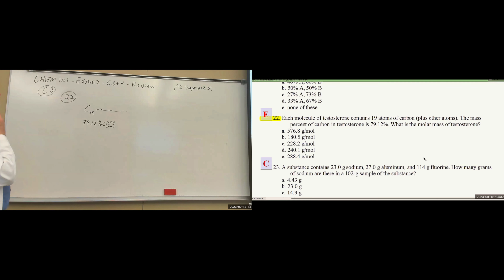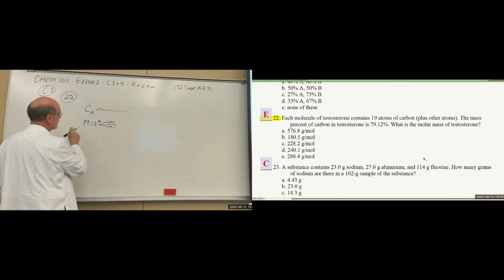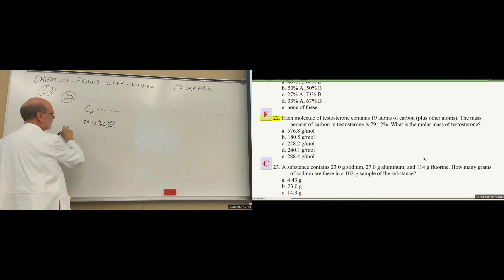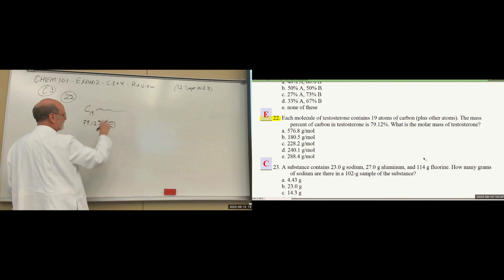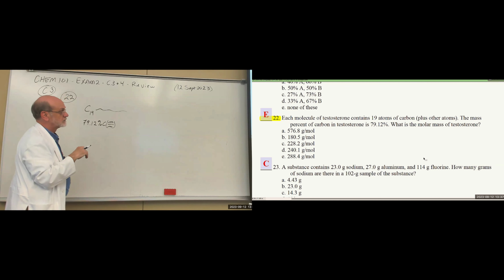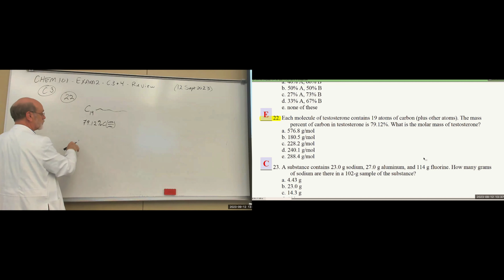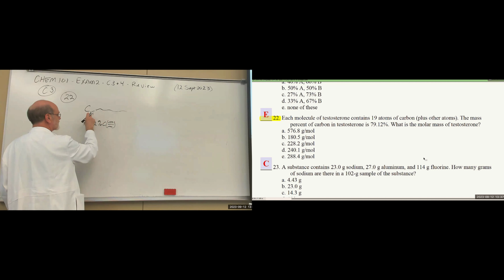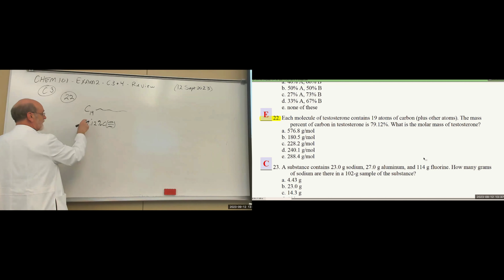All right. 19 atoms of carbon. All right. If it has 19 atoms of carbon and there's 1 mole of it, right? There's 1 mole of this compound and it has 19 atoms of carbon.